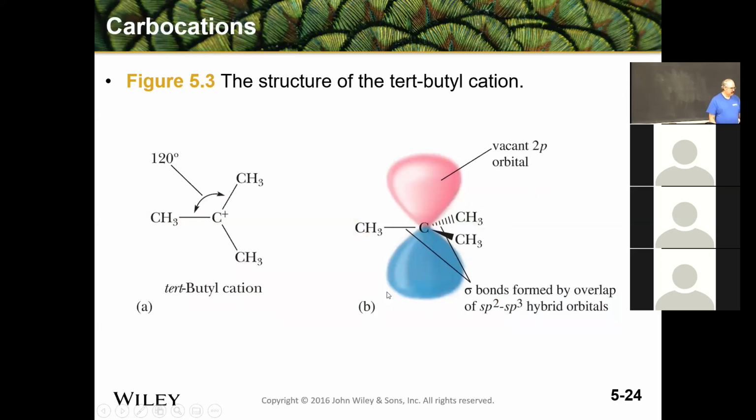This is the tert-butyl cation, and this is its 3-dimensional structure. The central carbon has a trigonal planar geometry. These 4 carbons are all in the same plane. And then there's a vacant 2p orbital that's perpendicular to the plane of the ion.